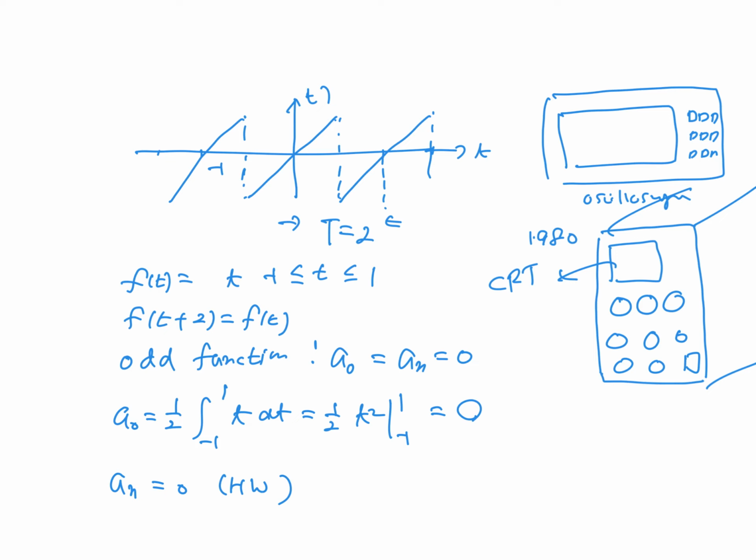So AN is actually 2 over 2, which is 1, integral from minus 1 to 1 of t cosine of 2 over 2 pi n t dt, which is t cosine n pi t dt.